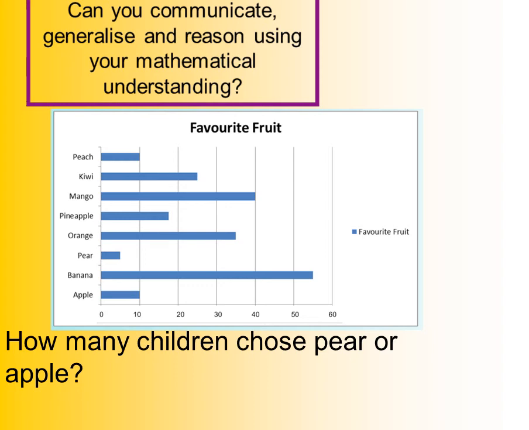So we've got a 5 and a 10, and we need to add those together to find out how many children chose pear or apple. So 5 plus 10, use your mental maths or do a column addition, and you should get the answer 15. So when the question was asked, 15 children chose either pear or apple.